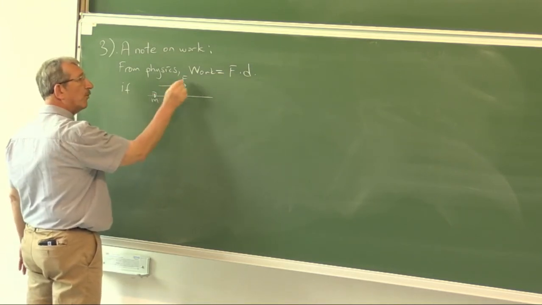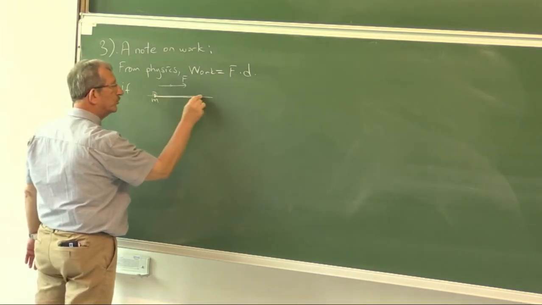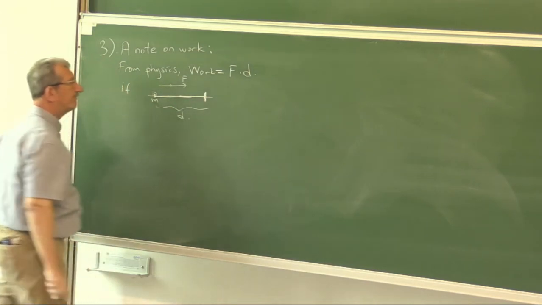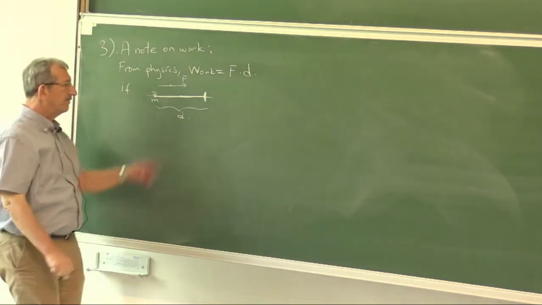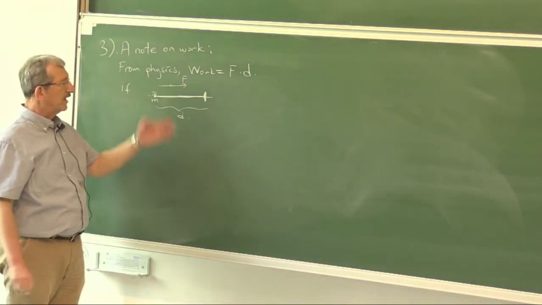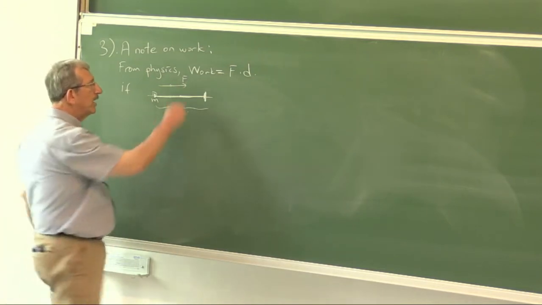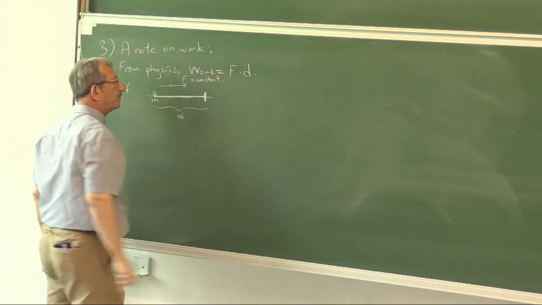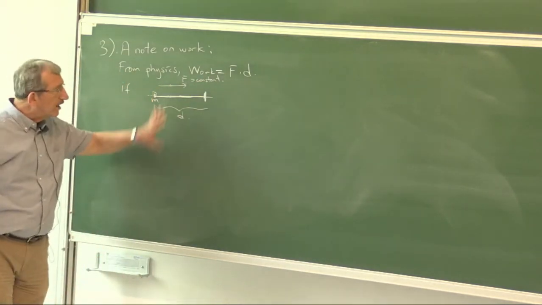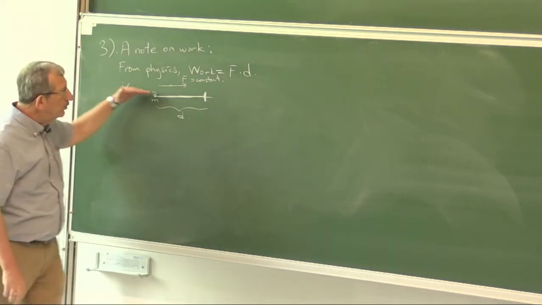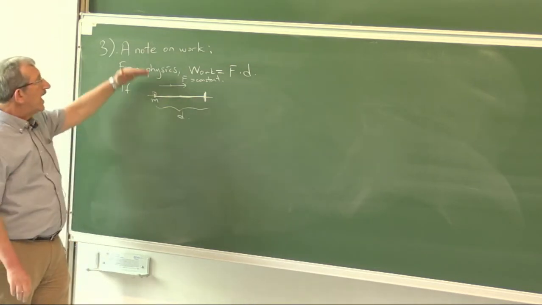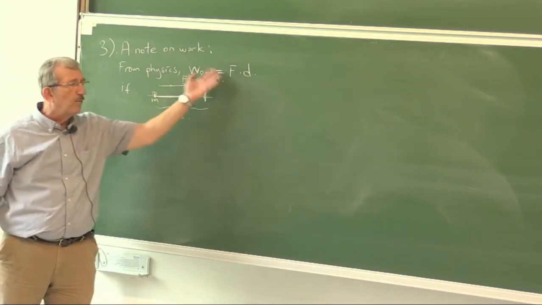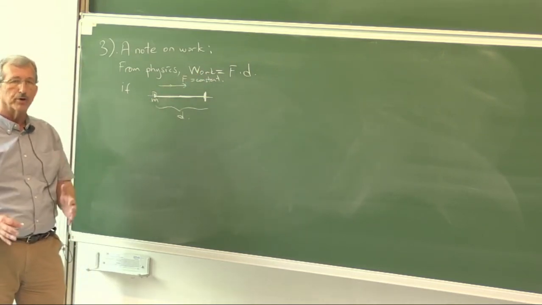And under this force, this m moves a distance d. Then the force is F times d. Of course, F is constant. So, again, if F is constant and the body moves on a straight line and force acts in the direction of motion, then this formula is the basic idea of work.